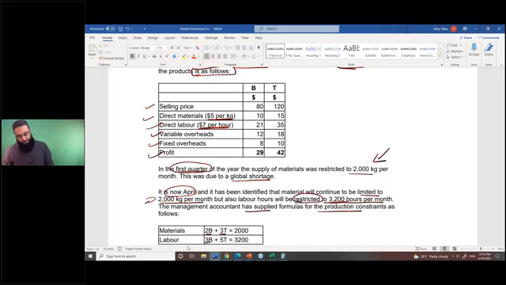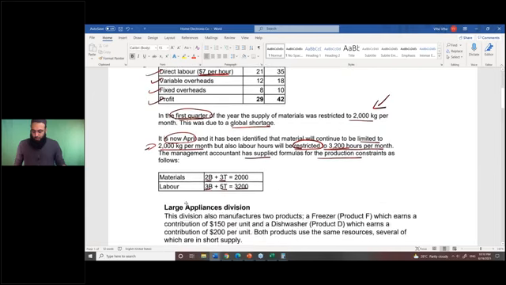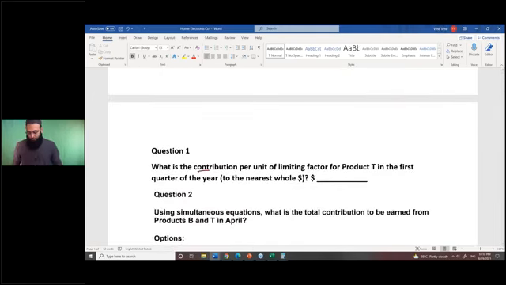Okay, for labor 3 hours are required for B and 5 hours required for T with a maximum of 3200, right? Now let's move towards the first question. What is the contribution per unit of limiting factor for product T in first quarter to the nearest whole dollar?